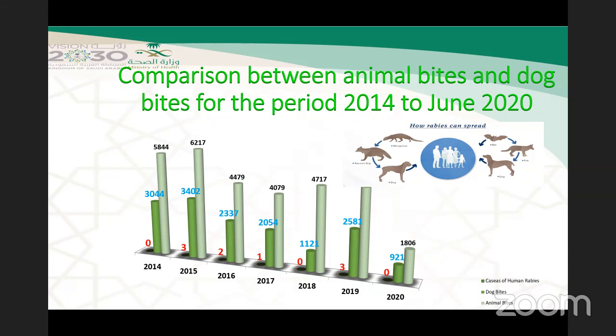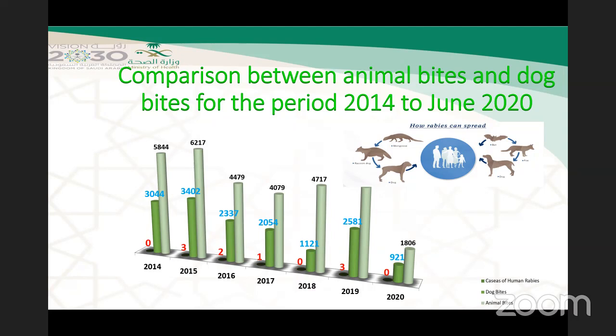In 2018, we have 4,717 animal bites, of them 1,121 by dogs, and no rabies case reported. In 2019, there were 4,805 bites, of them 2,581 by dogs. There were 3 cases of rabies.